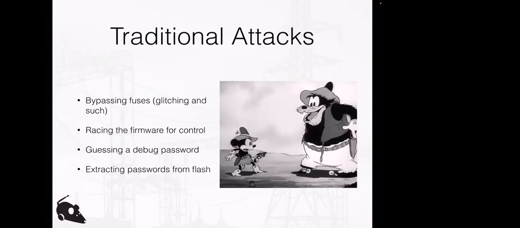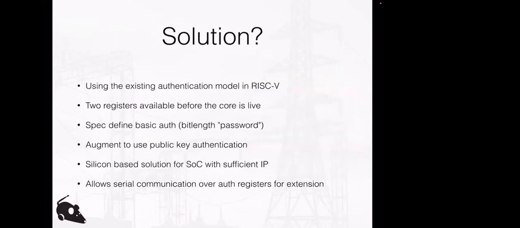So you can just download the firmware and then find the password by reversing the firmware image. Those attacks are all completely usable, but in RISC-V, what we actually do is extend the authentication model. So now we are altering the way that we think about debug protection, which is, can we use asymmetric secure keys, right?